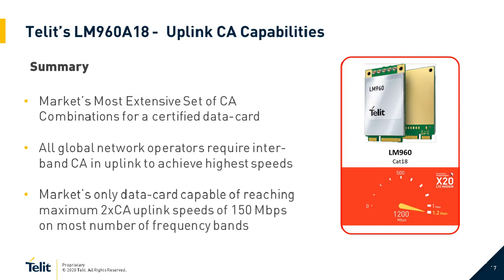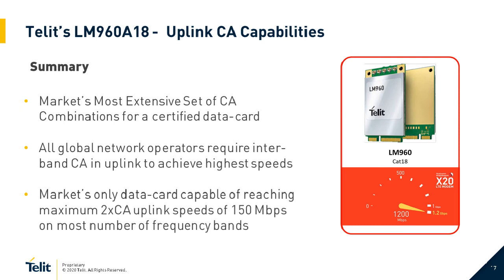And in this module, as you can see, we set out to basically design the most extensive set of carrier aggregation combinations, and it's a fully certified, globally certified data card. And if we compare it to competitor modules, they did not implement interband carrier aggregation.